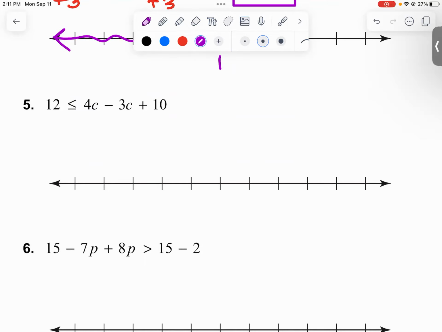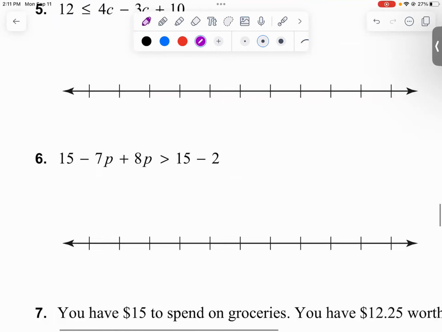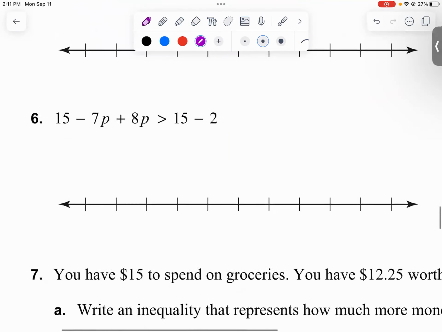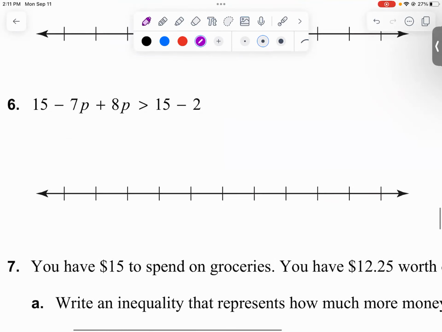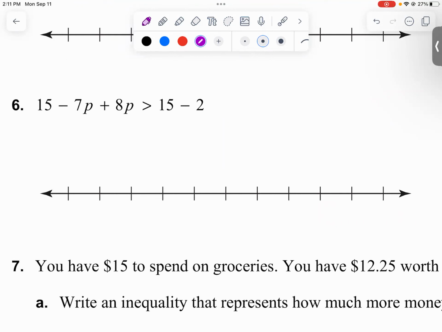Number 6. Kyron, what do we need to do first? Use 7P and 8P, so it's 15 plus 1P. 15 plus 1P, do you agree?